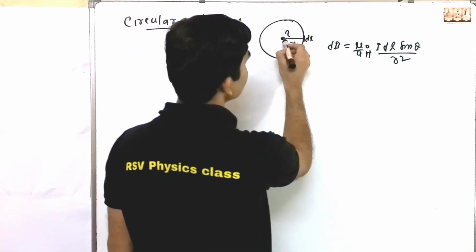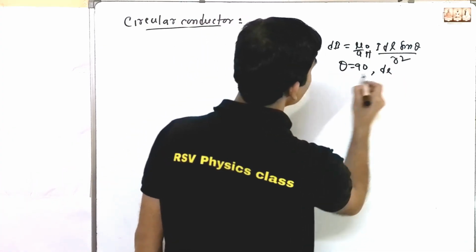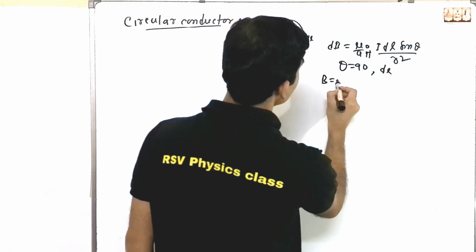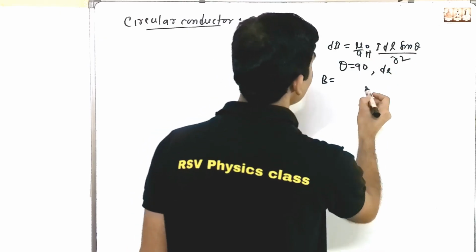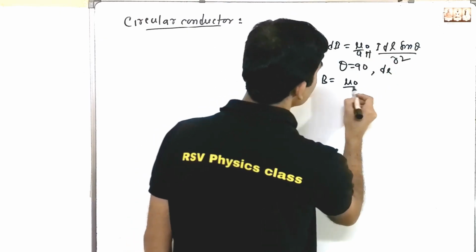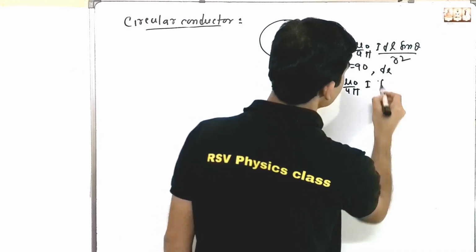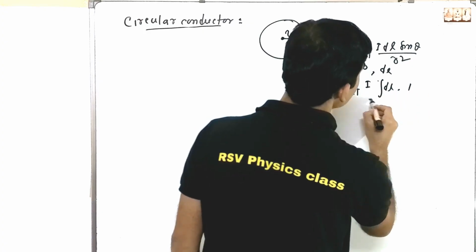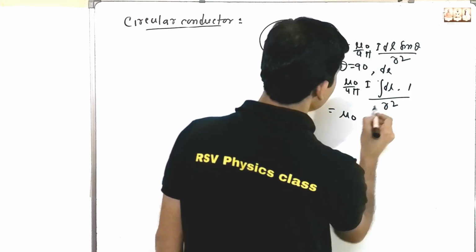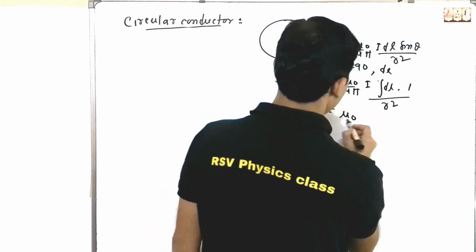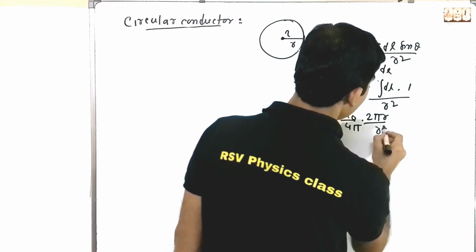So theta is 90 degrees, and if you calculate B, the total integration goes over dl. So the integration is mu 0 by 4 pi I, integration of dl sin theta is 1, over r square, so equal to mu 0 by 4 pi, dl is 2 pi r, so 2 pi r over r square.